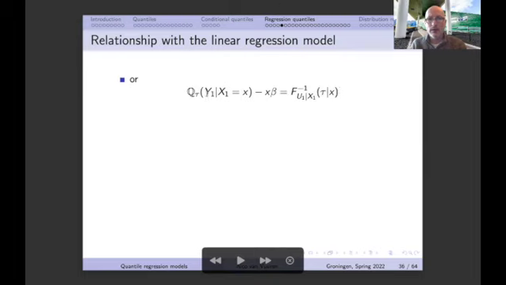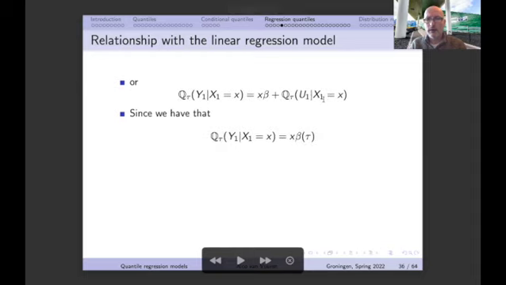We have now the quantile of y1 conditional on x1 equal to x, minus x times beta, is the inverse distribution function of u1 conditional on x1, evaluated in tau. I can immediately bring this x beta to the other side in order to get this relationship over here. And I can also realize that this is actually nothing else than the conditional quantile of u1 conditional on x1 equal to x. So I can even write it like this thing that we have over here.